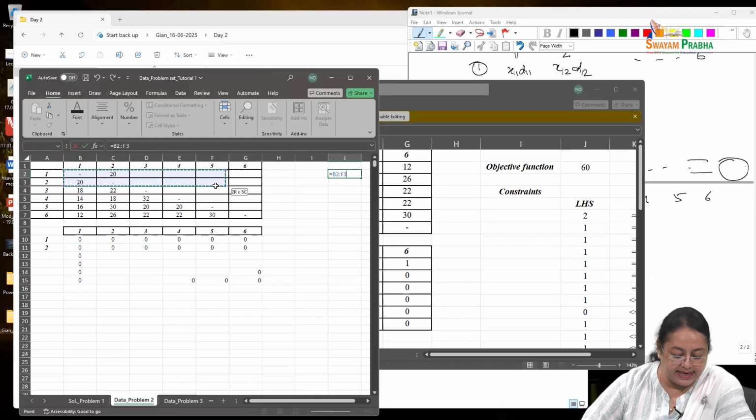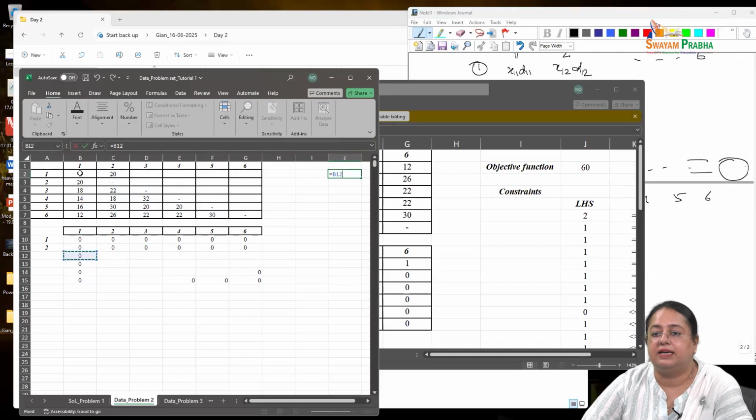What do I mean by Dij? This is D11, this is D21, this is D31. And this is X11, X21, X31. Multiply D11 with its respective X11, D21 with its respective X21, and then add all of them.